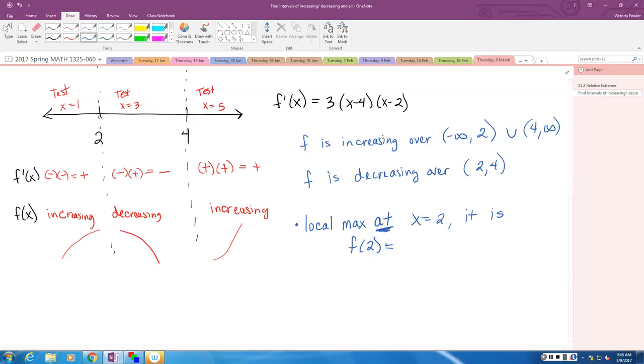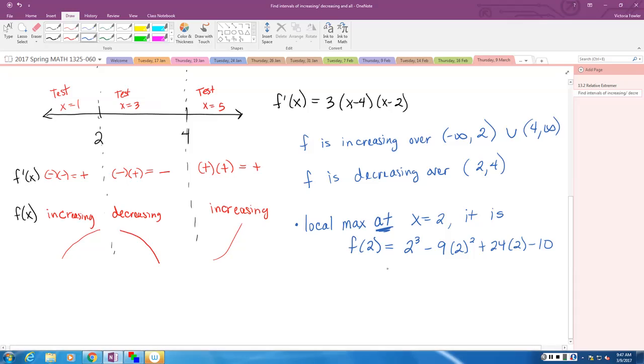And then I go back up to my original function, which was a cubic. And it said I would take 2 and cube it. I would subtract 9 times 2 squared. Right? All I'm doing is taking the original function, which is up in your notes, and I'm plugging in 2 everywhere there was an x. So I get 8 minus 36 plus 48 minus 10.